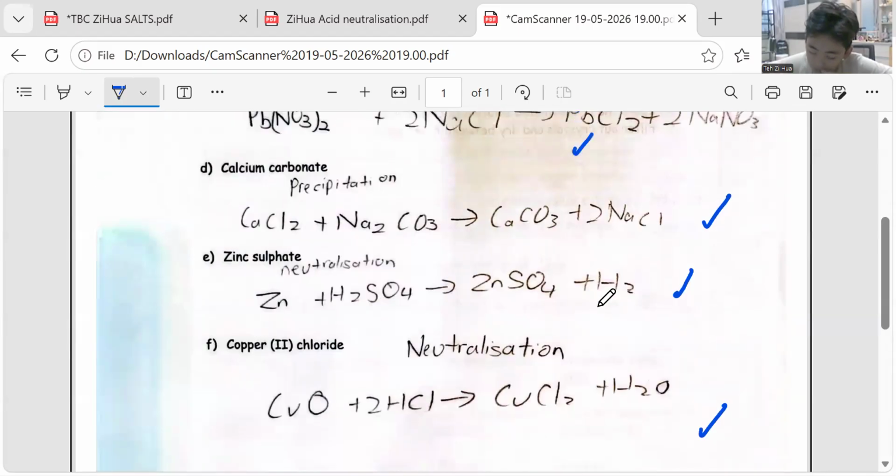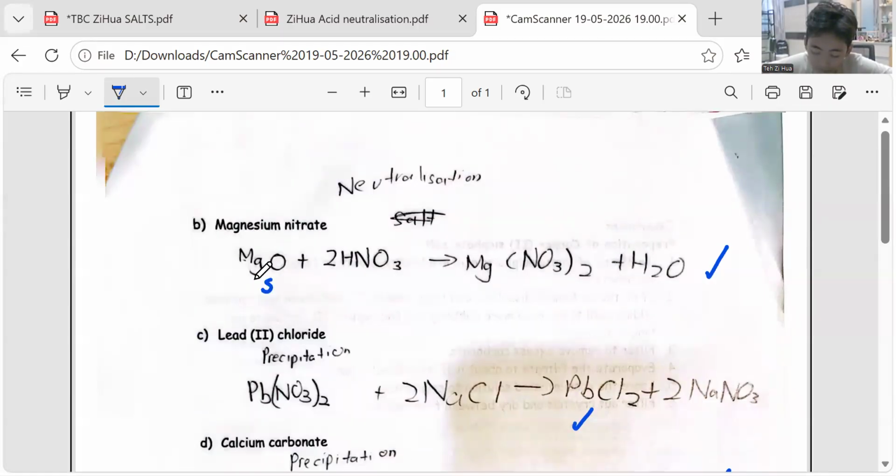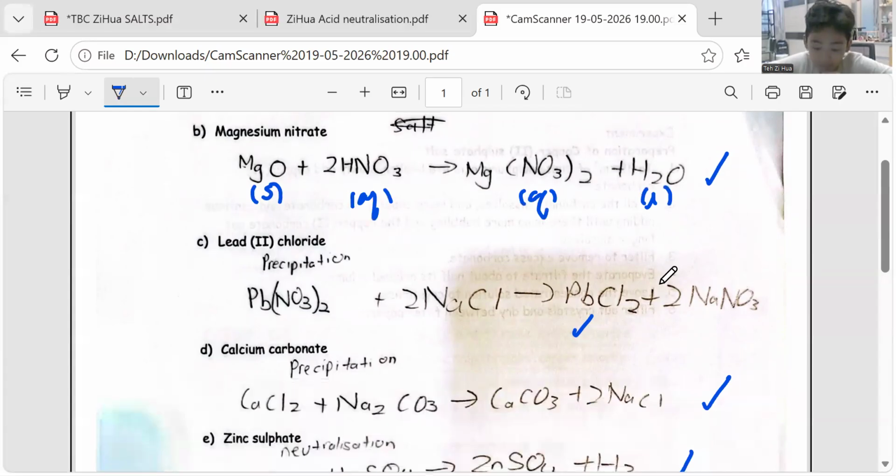All right. I'm going to teach you how to write state symbols. So this one is solid, aqueous, aqueous, liquid. Now for this precipitation, this is aqueous, aqueous, solid, aqueous. So I want to teach you how to write an ionic equation.